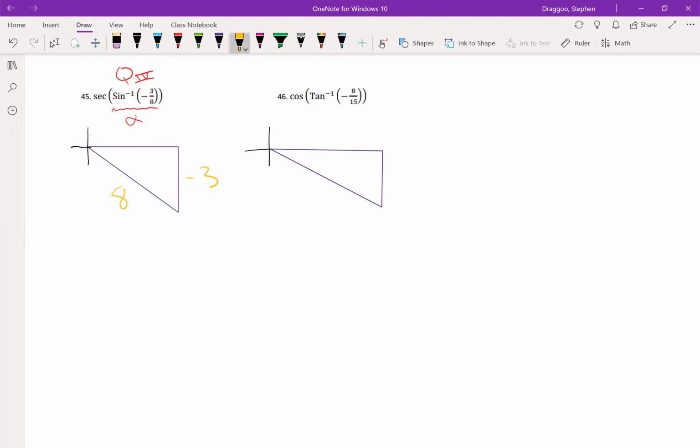So this time I'll call my missing side x. x squared plus 3 squared is equal to 8 squared, which means that x squared is 64 minus 9, or 55. So x is plus or minus the square root of 55.